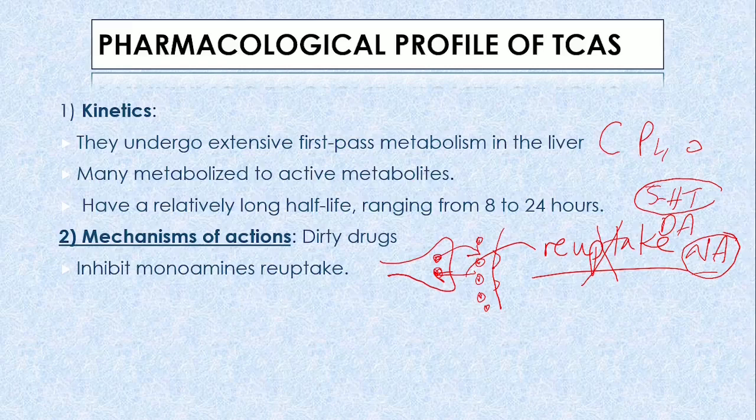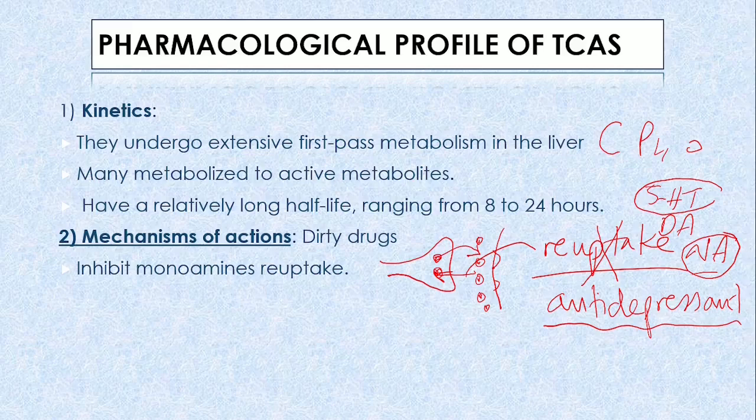This is the first: they act by inhibiting monoamine uptake. If it happens centrally, this will result in antidepressant activity. Their antidepressant effect is related to their inhibition of the monoamine reuptake.